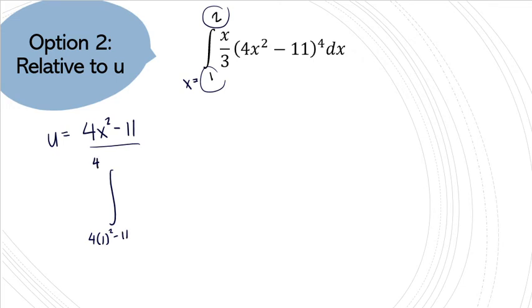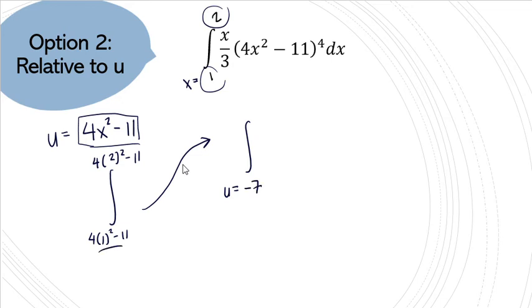And up here, it'll be 4 times 2 squared minus 11. And suddenly, my integral with respect to u, not x, is going from -7 up to 4 times 4, 16, minus 11, which is 5.